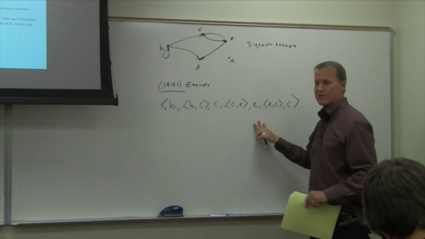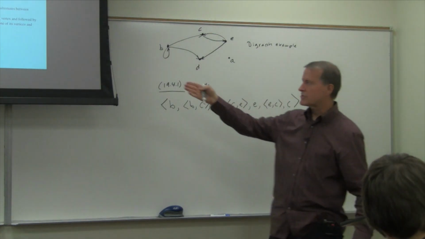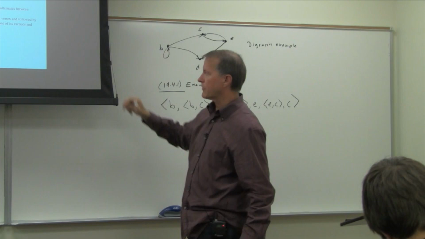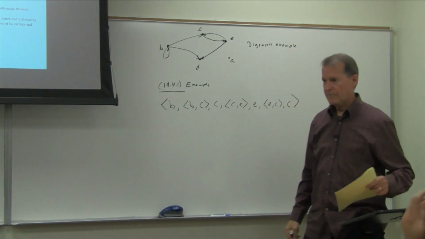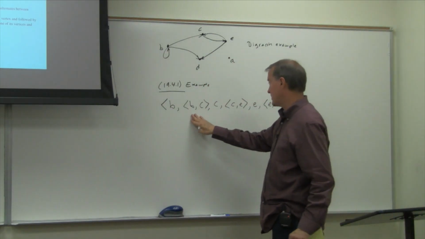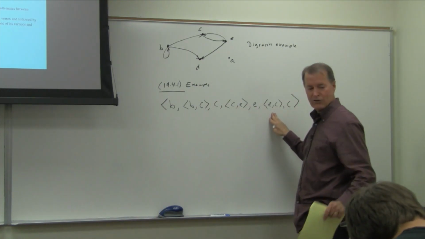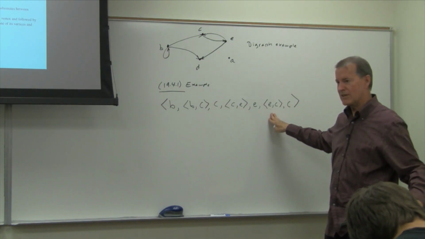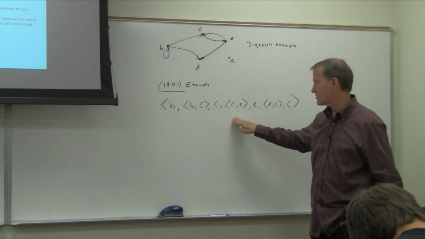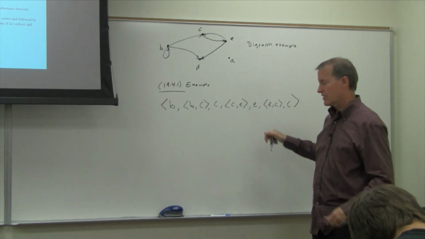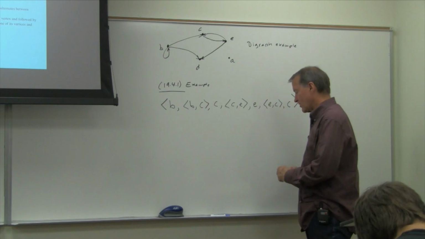Everybody see that this is an example using that strict definition of a path. And furthermore, we have BC, CE, and EC, and we haven't repeated these edges. These edges don't appear more than once.